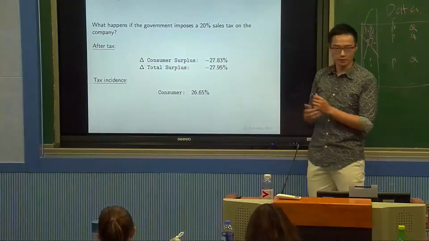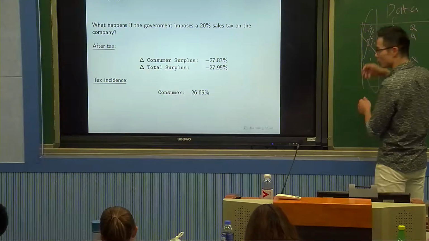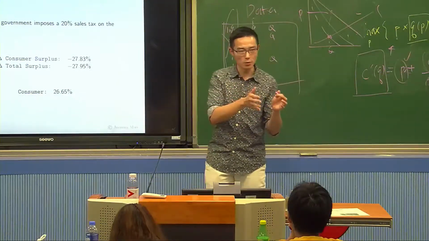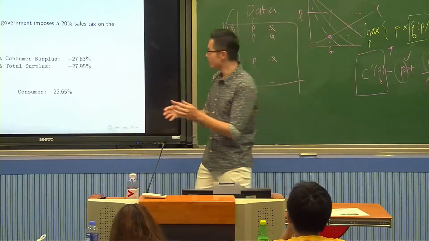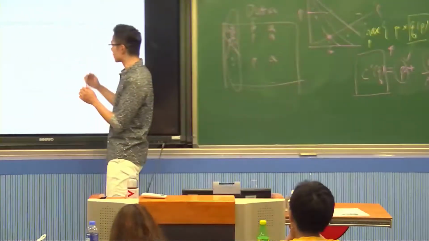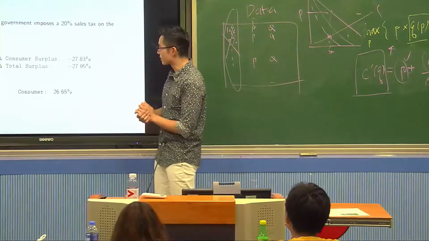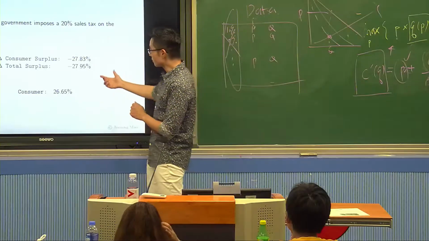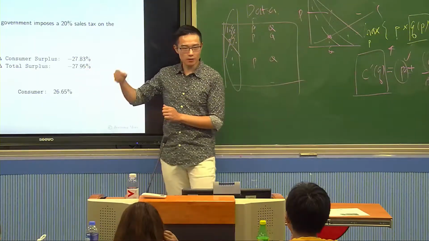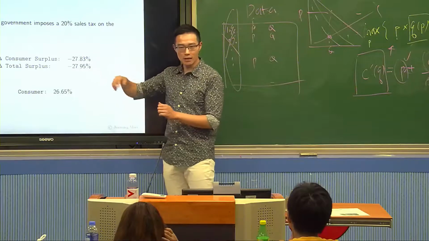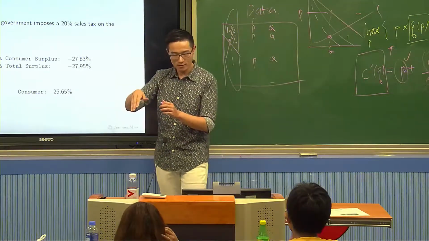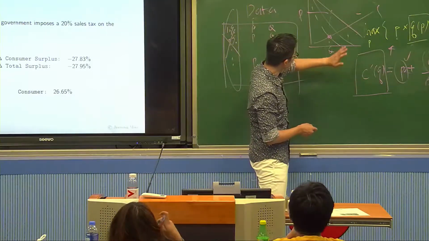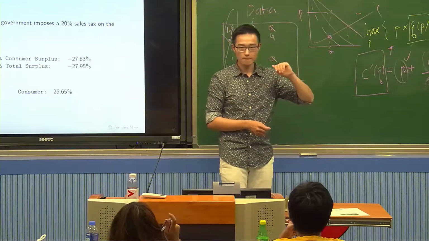But I did a welfare calculation, because once you predict the new quantity and price, you can do a welfare calculation and compare how much consumer welfare has changed before and after tax. Here I showed you that the consumer surplus will be minus 27%, total surplus will be minus 27%. So what does that mean? It means that according to my prediction, after the tax, the monopoly will decrease the quantity, right?